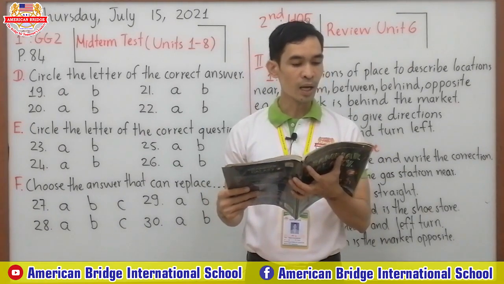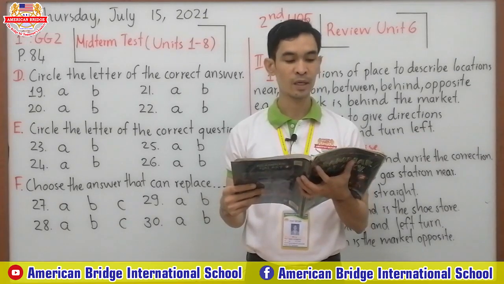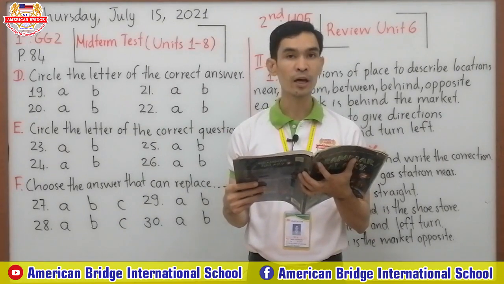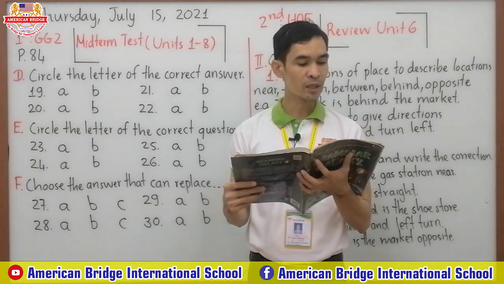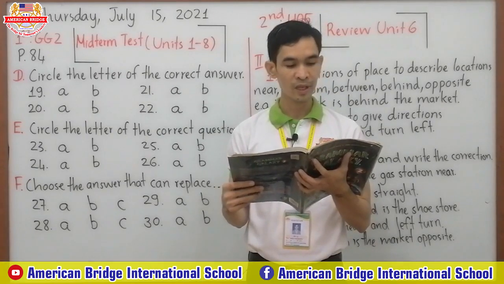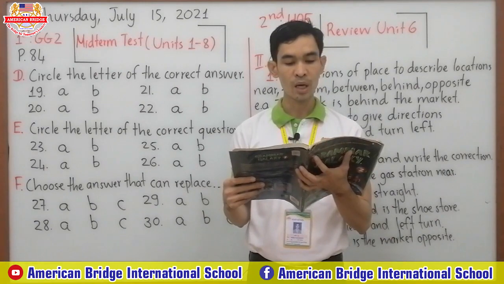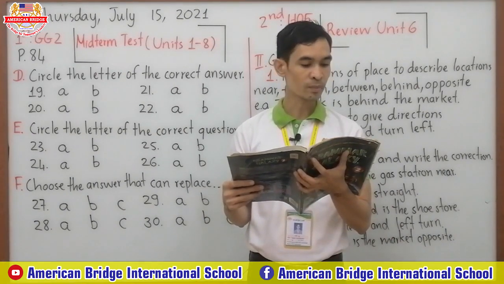19. Are there any children in the pool? A. Yes, they are. B. Yes, there are. 20. Do you play the violin? A. No, I don't. B. No, I'm not. 21.